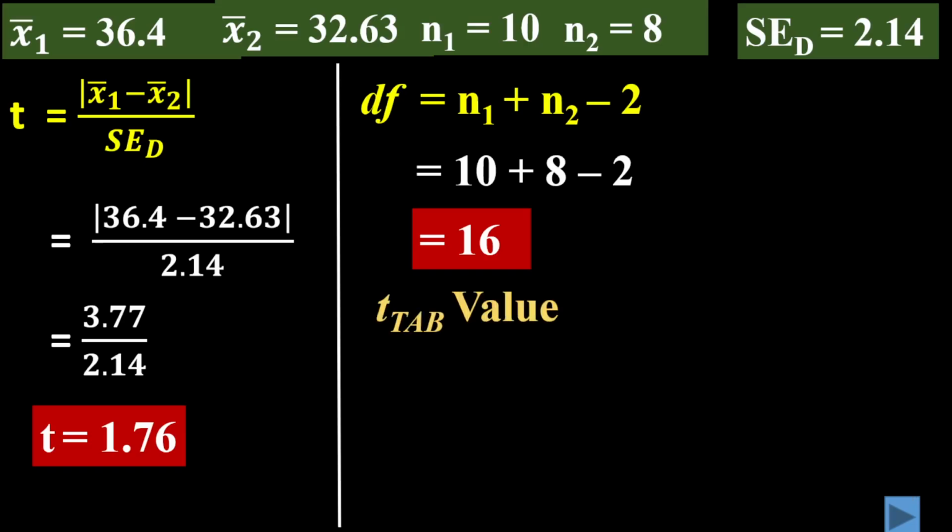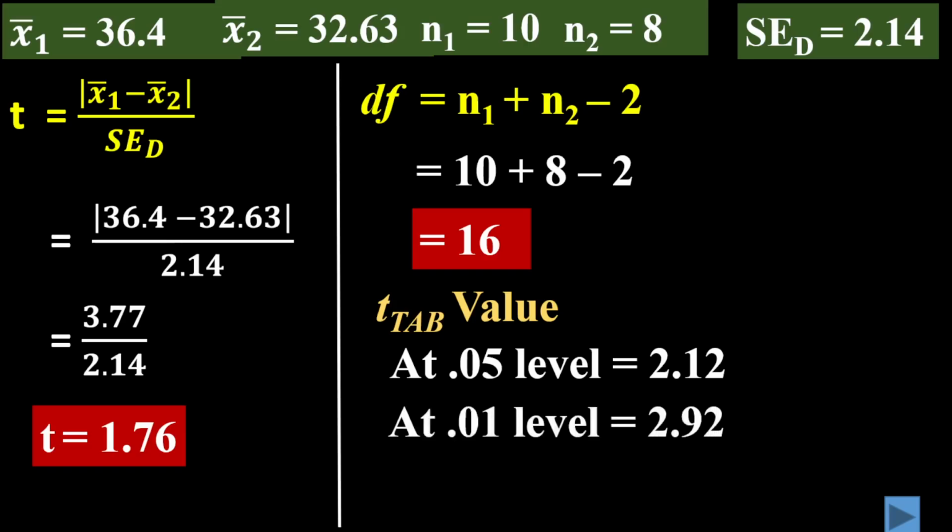The required t table values for significance of difference between two means, as we have seen in the table, are at 0.05 level 2.12, and at 0.01 level 2.92. Now after deciding the required minimum t value from the t table, we have to compare our calculated t value with these two values.